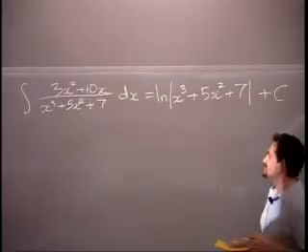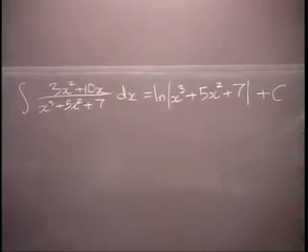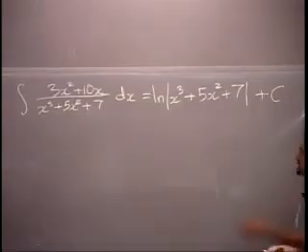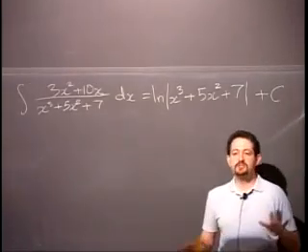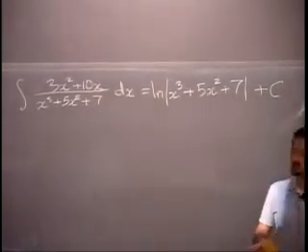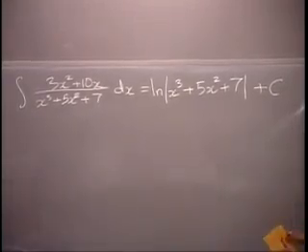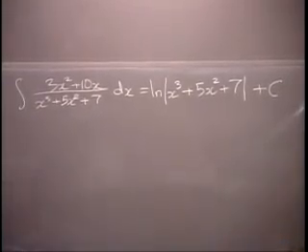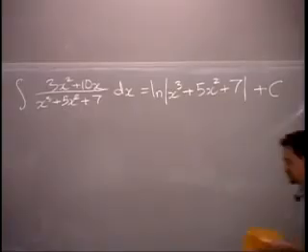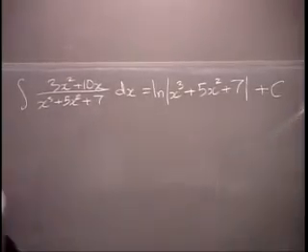So it's a minor miracle if the derivative of the denominator is on the numerator, in which case don't use partial fractions. Just use substitution, or the rule we did last week about logs. So that said, let's suppose that's not the case, which is true most of the time.